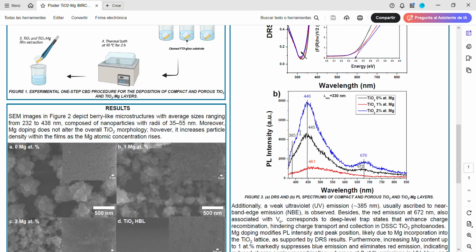Additionally, a weak ultraviolet emission at about 385 nanometers is usually ascribed to near band edge emission.